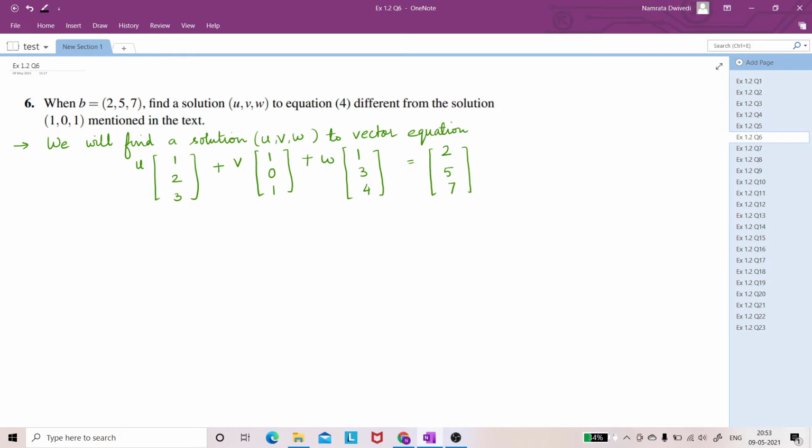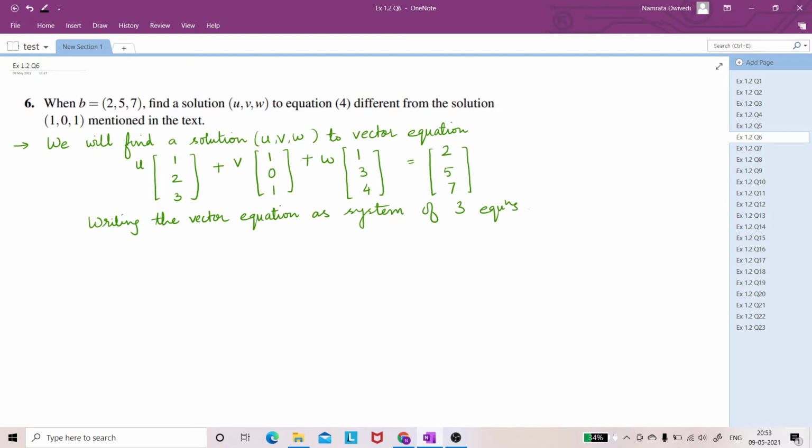Okay, so we'll write this vector equation as a system of 3 equations.